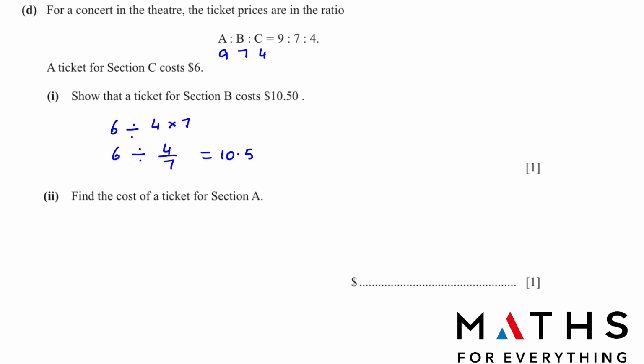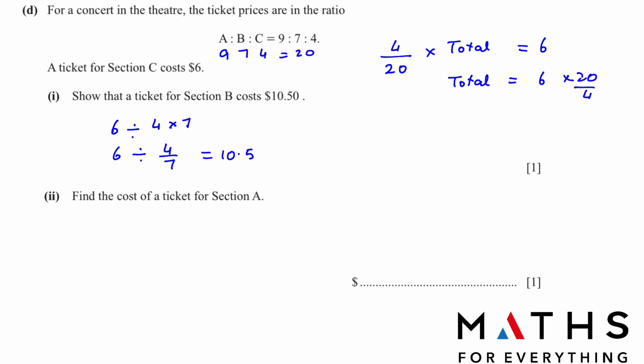So 4 parts out of, you add all the parts, 9 plus 7 plus 4 will give us 20. 4 out of 20 of the total price is 6. So what is the total? It will be 6 multiplied by 20 over 4. This will give us 30.